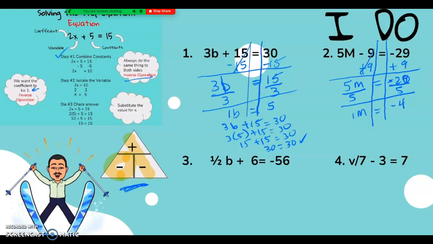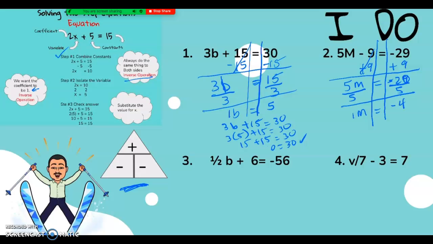So for example, if I'm dividing or multiplying two negatives, and I'm using the triangle, that means that my answer is going to be a positive. If I'm multiplying or dividing a positive and a negative, my answer is going to be a negative. Okay, so that's why that triangle is there, to help you understand whether your answer is going to be positive or negative.